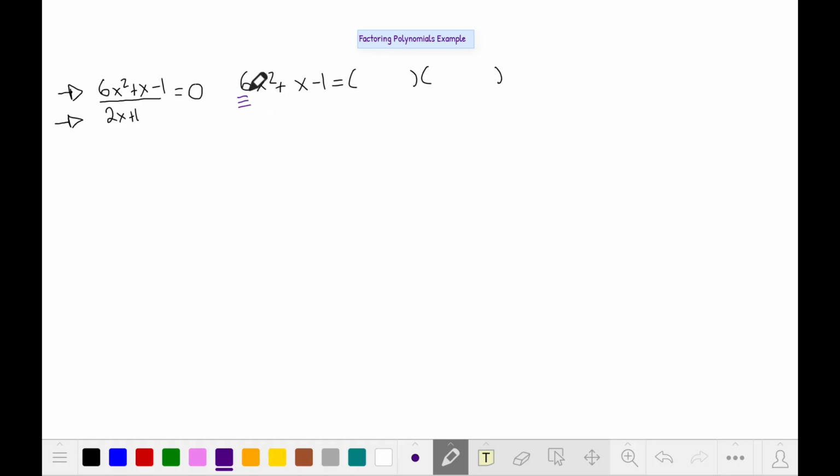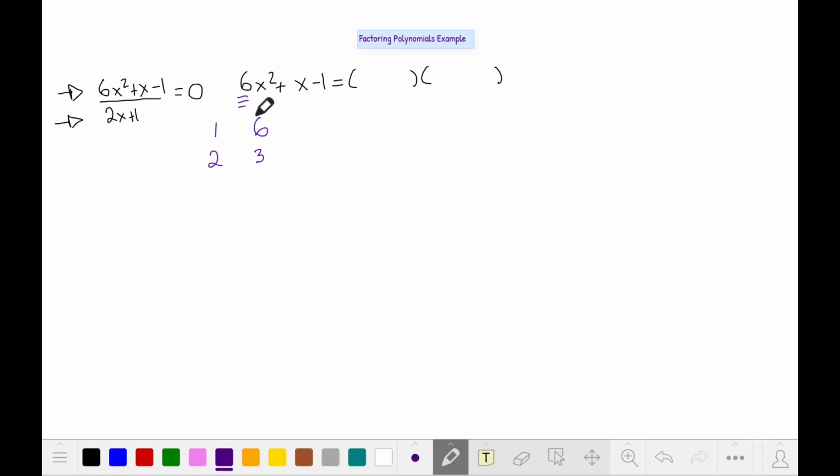So we need to figure out how to break this 6. We want to break down the 6 into a couple of numbers, because remember that the 6 is going to multiply the non-x terms. So we're going to have 1 and a 6. We could have 2 and a 3. And that's about it for now. That's all we're going to explore.